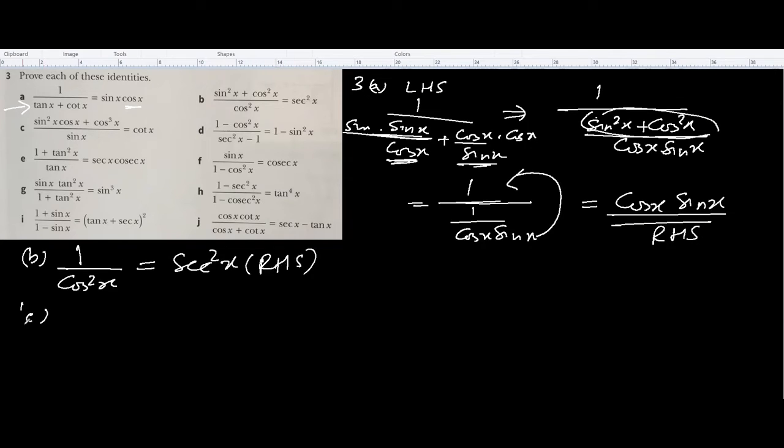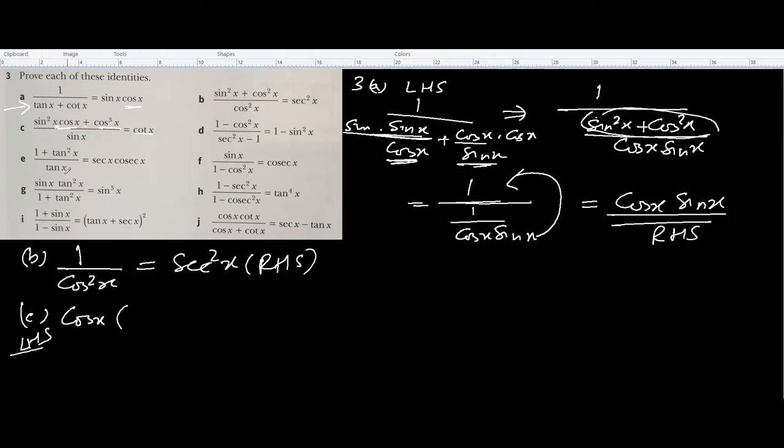Okay, C part. Sine square x cos cube x, and we have cot on the right side. So let's take cos x common from these two, this and this. So if I take cos x, that is LHS, okay, I'm focusing on LHS.